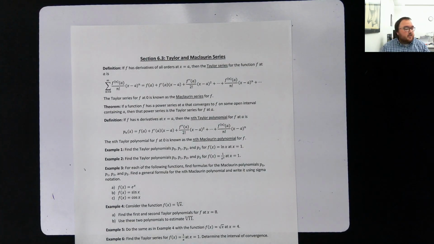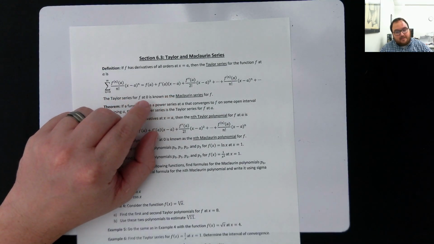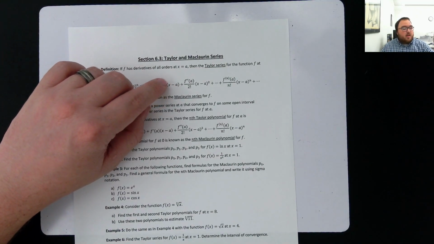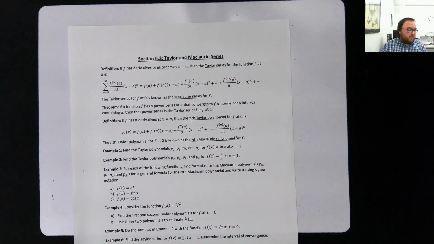The Taylor series for f, where a is equal to 0, is known as the Maclaurin series for f. We like these because a is just equal to 0, so there's not as much work of having to make sure I put x minus a number squared, that kind of thing.